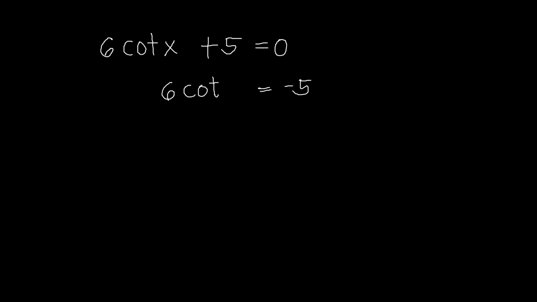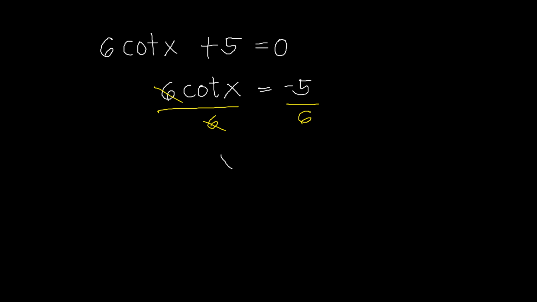Another example is 6 cotangent of x plus 5 is equal to 0. So we move the 5 to the other side, it becomes negative 5. So we have 6 cotangent of x is equal to negative 5. Divide both sides by 6.